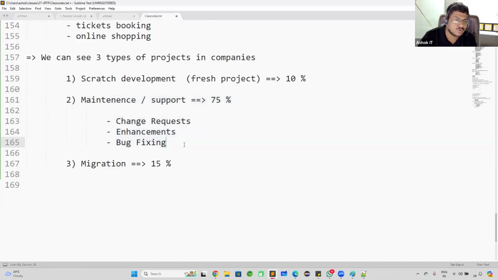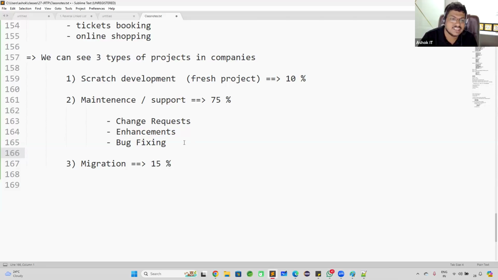So when you want to make changes in the existing application, a lot of analysis is required. Directly you can't go and change one method in the project. If you change one method, it may impact some other functionality. A lot of impact analysis we have to do before making any changes in the existing application.